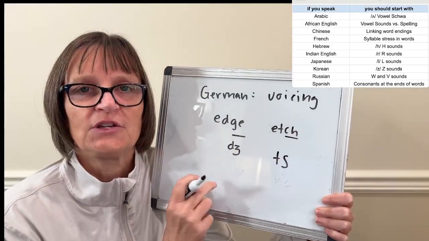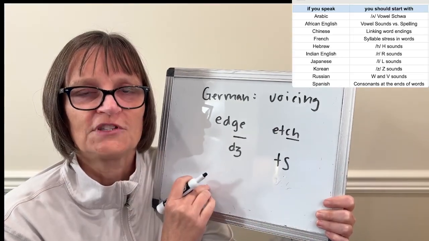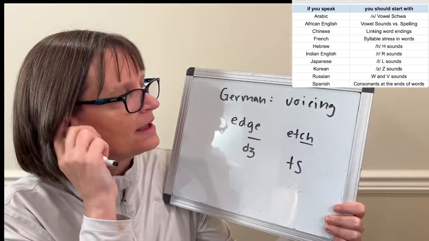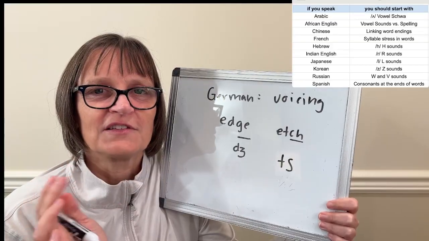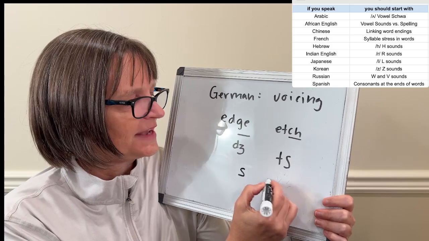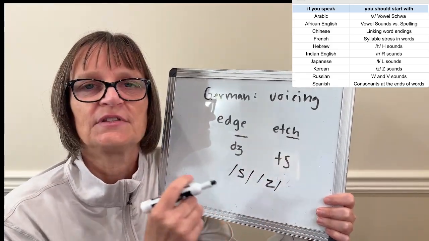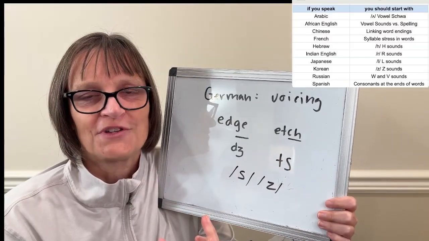German speakers tend to use voicing where they shouldn't and remove voicing where they shouldn't because the patterns and rules are different in German. And this is one of the most noticeable things about the accent, and one of the things that once you can get, for example, the s and z sounds correct, the ch and j sounds, the t and d sounds, it's really going to help people understand you well.